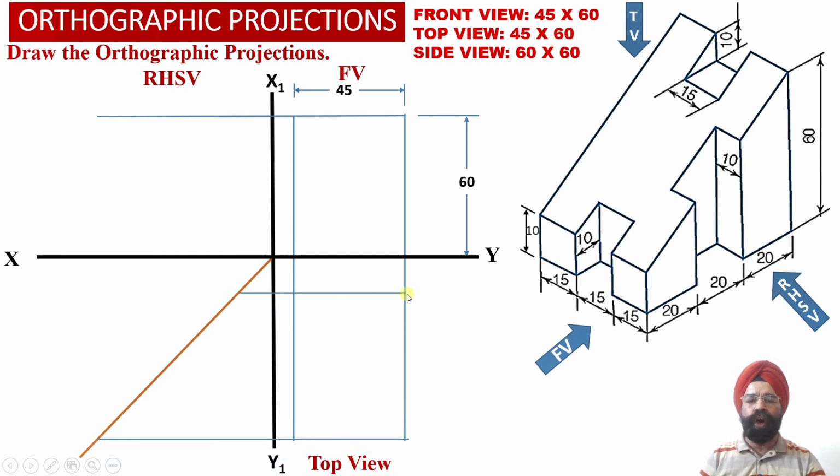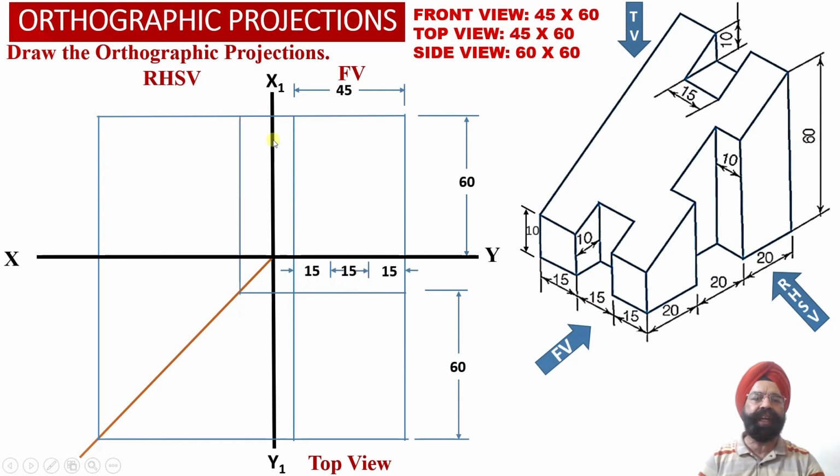So two horizontal projector lines which are separated by a distance of 60 millimeter, which happens to be the depth of the solid, have been located into the top view orthographic projections, and these two horizontal projector lines have been transferred using this transfer line into the right hand side view orthographic projections over here.